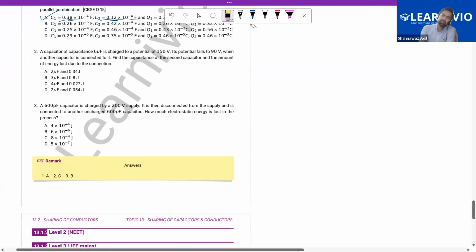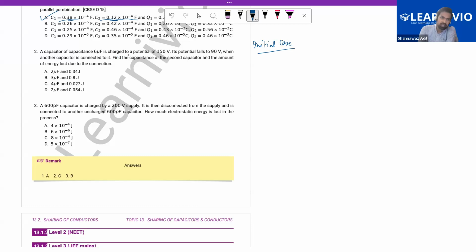So what is the initial case? We have a 150 volt supply, and this capacitance is 6 microfarad. So we can calculate the initial charge.